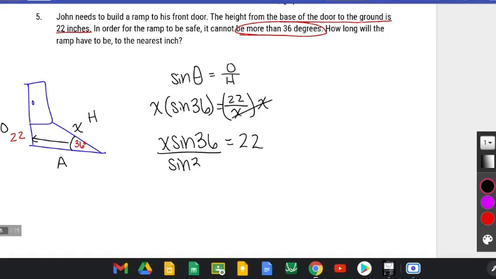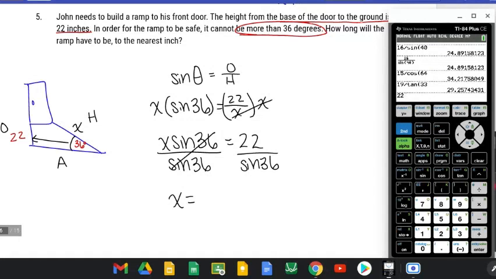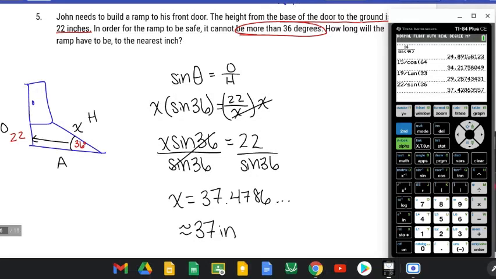And then to get x by itself, divide by the sine of 36. And I found out that that ramp should be 37.4286 inches, or to the nearest inch, about 37 inches long.